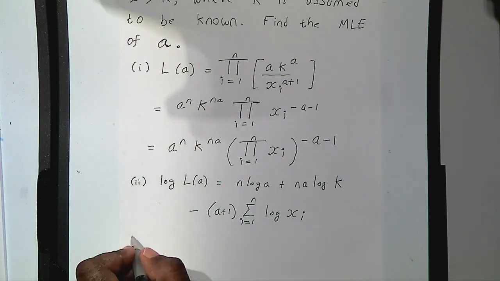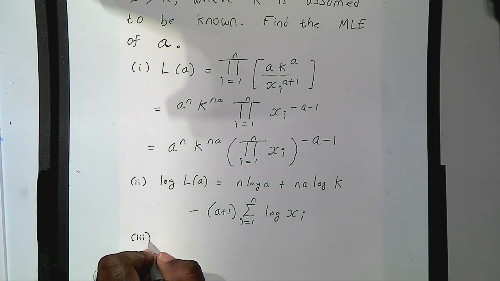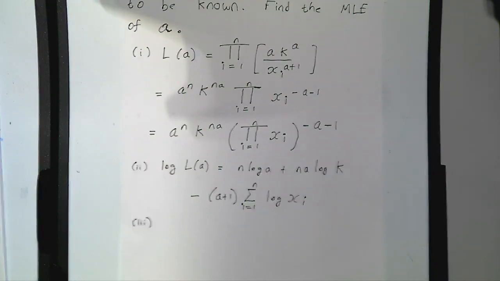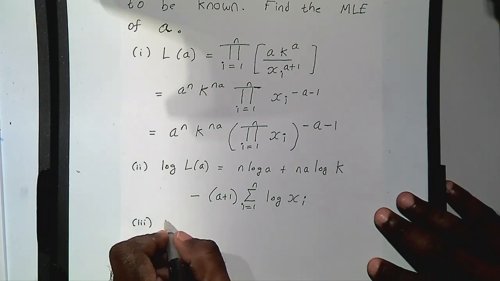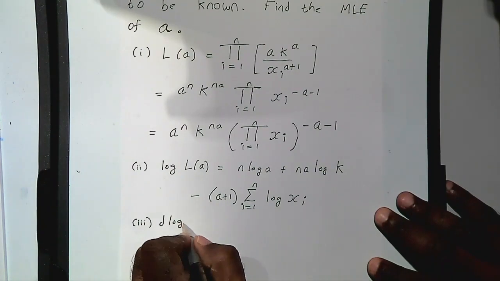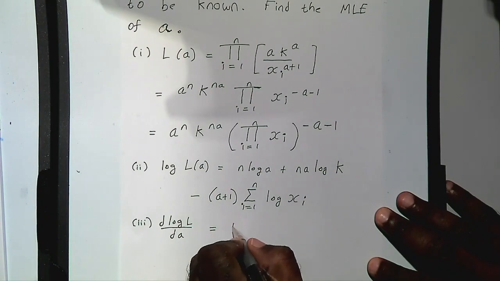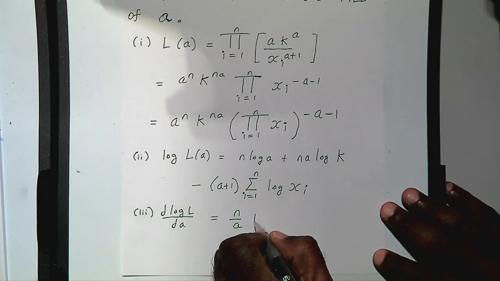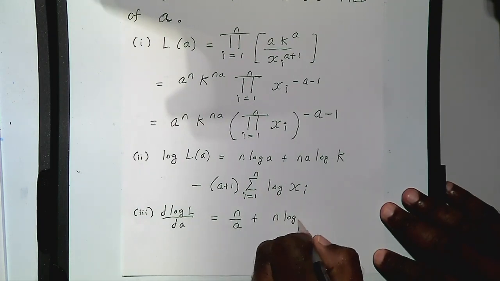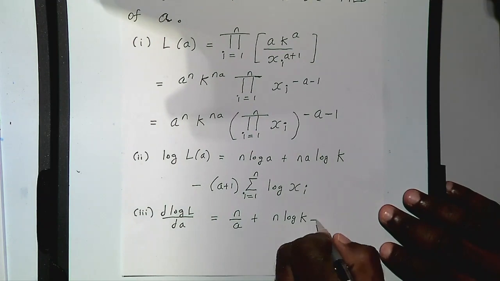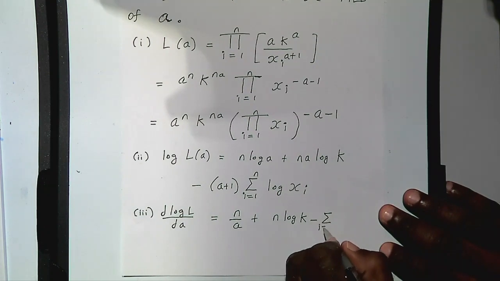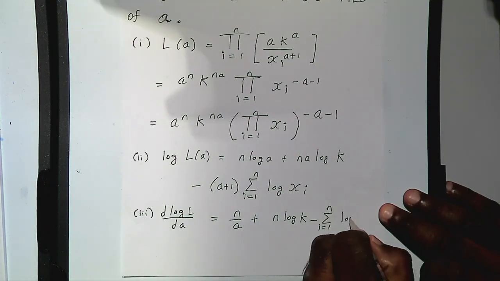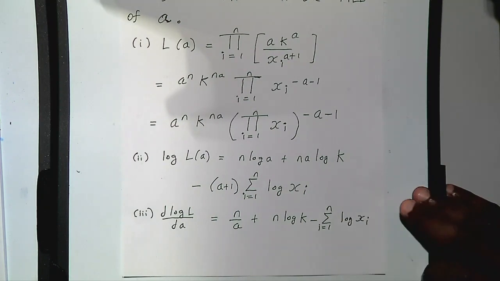And step 3 is to differentiate the log likelihood with respect to A. So you get n divided by A plus n log K minus the sum of log of xi. Okay?